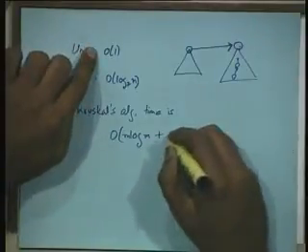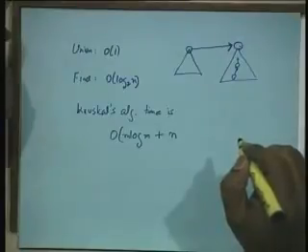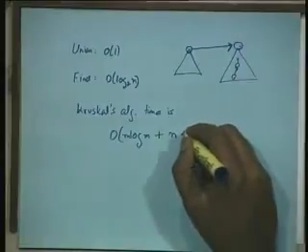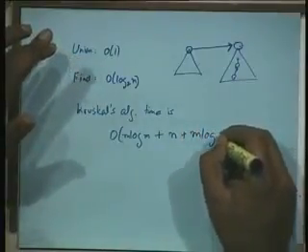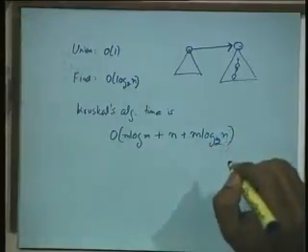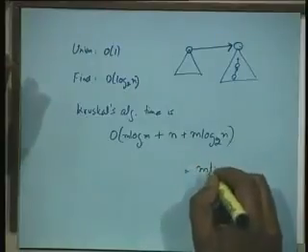Since each one of them is taking constant time, this is just order n time. How many finds do I need? For every edge, I might need 2 finds. So m times log n. Yeah, what is this? M log n.